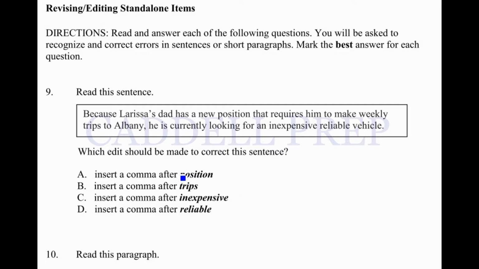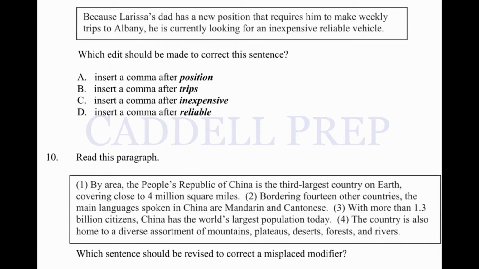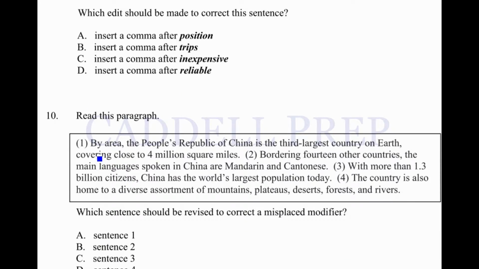So sometimes the answer choices give us a hint. So here we see it's going to be a punctuation error, there's a comma missing. Then in this question we have a paragraph, and the question is which sentence should be revised to correct a misplaced modifier.